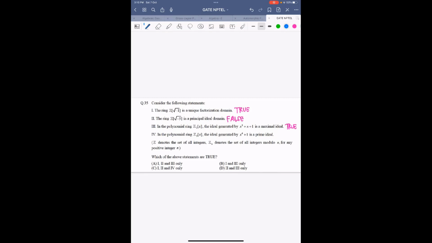What about the fourth statement? The statement is that x to the power 6 plus 1 generates a maximal ideal in Z3[x].